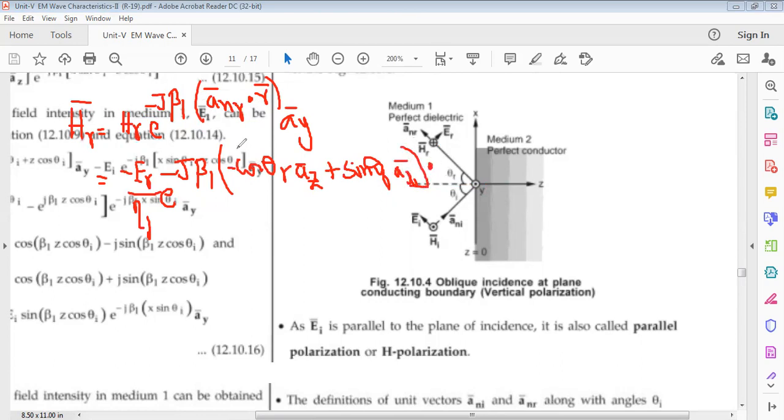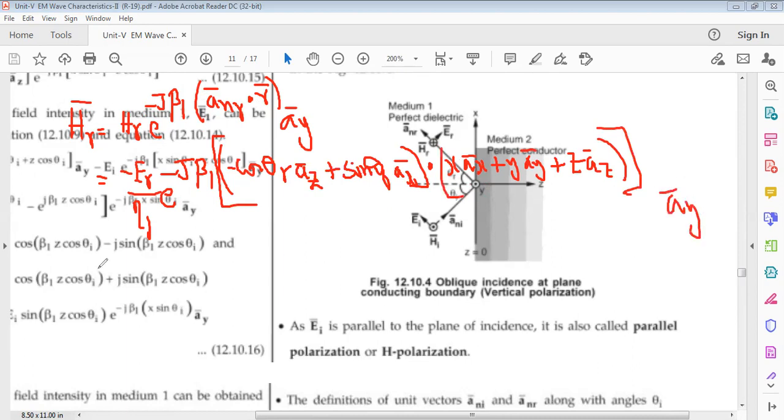Dot r bar. What is r bar? x into a_x bar plus y into a_y bar plus z into a_z bar. All these equations matter to us, into a_y bar.